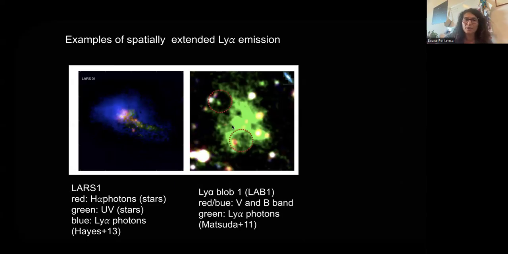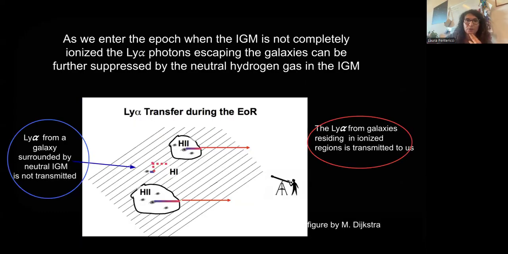For example, here in the Lyman alpha blob, the green is the Lyman alpha photons, and the red and blue are where the star formation happens, so it's the V and B band. So Lyman alpha really scatters off to spatially much larger areas compared to the size of star formation. So this is what regards a galaxy: the ISM and CGM shape the way that we see Lyman alpha from a galaxy.